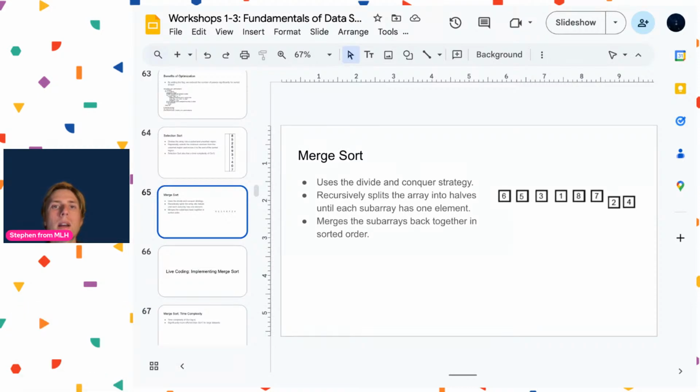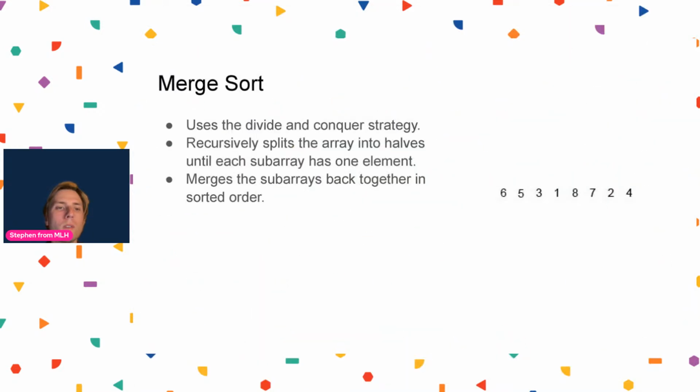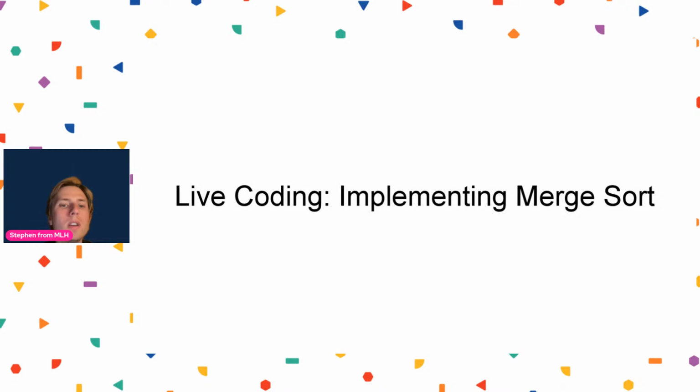Okay, so we'll go back to our slides, and we're going to do a live implementation of merge sort. And to do this, we're going to go back to our Scratchpad. I actually have not put our bubble sort code into the code share. So let me do that first.